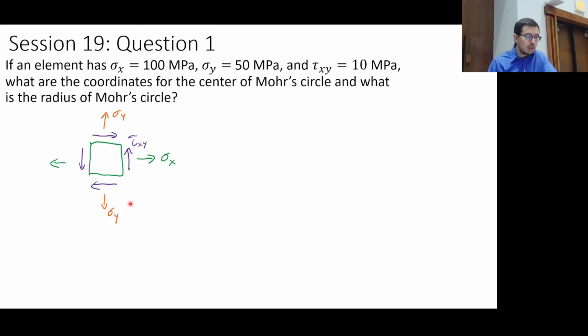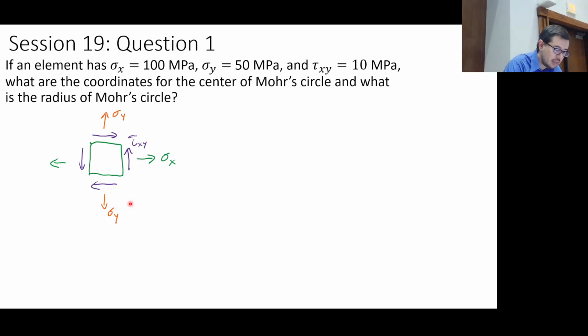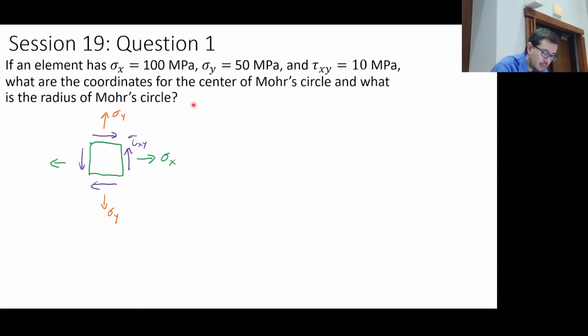Well, we just said the center. You tell me, what's the center of the Mohr circle? This is just to get us kind of excited. The x-coordinate is going to be the average, and the y-coordinate is going to be 0.